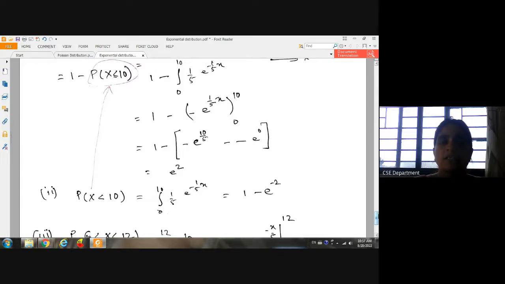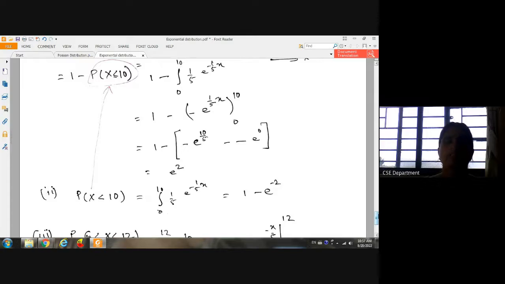So as you can see, how do you solve an exponential distribution problem? First, they will mention that it is an exponential distribution. You read the problem and find the mean. Once you find the mean, calculate alpha. Alpha is the reciprocal of the mean, 1 by mean. Once you know alpha, f(x) is equal to alpha e to the power of minus alpha x.